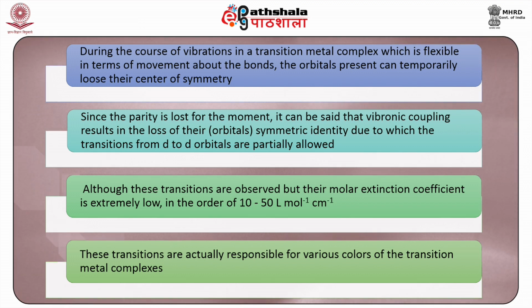Although these transitions are observed, their molar extinction coefficient is extremely low, of the order of 10 to 50 liters per mole per centimeter. These transitions are actually responsible for the various colors of the transition metal complexes.